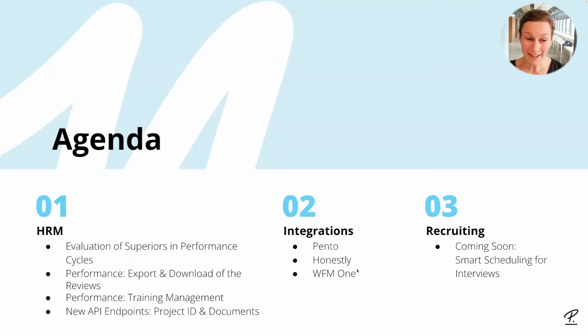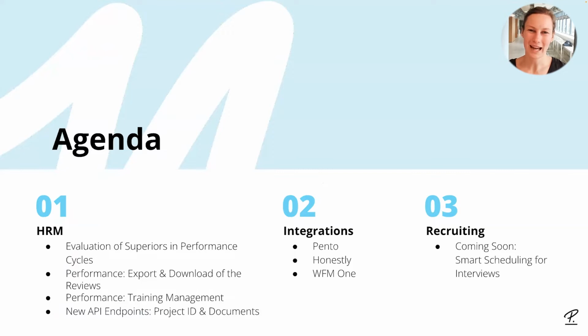The agenda is jam-packed, mostly with performance information. It is firstly about evaluation of superiors in the performance cycles. Then we do also a quick demo in the performance area, how you can export and download the reviews that you have done or your employees have done.